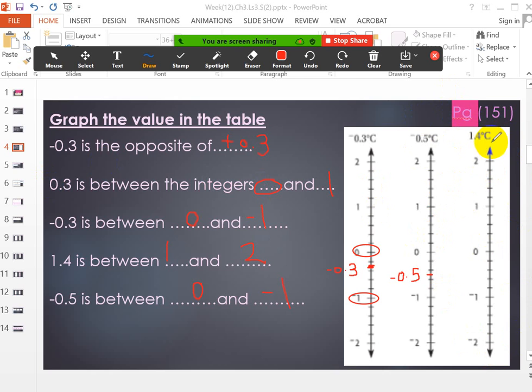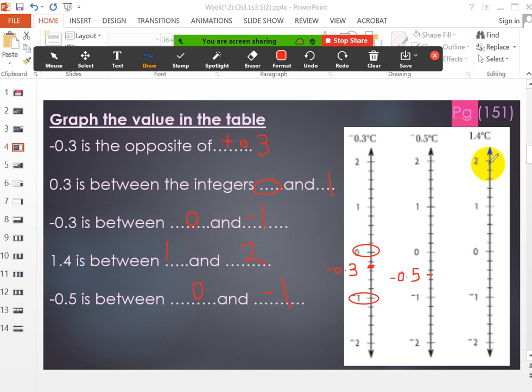So 1.4 is a positive number, as you said, Farah, very good, because there is no sign, that means it's positive 1.4, so it will be up on the vertical number line. 1.4, as we said, is greater than 1 whole and less than 2 wholes, so it will be between 1 and 2, between those 2 integers.